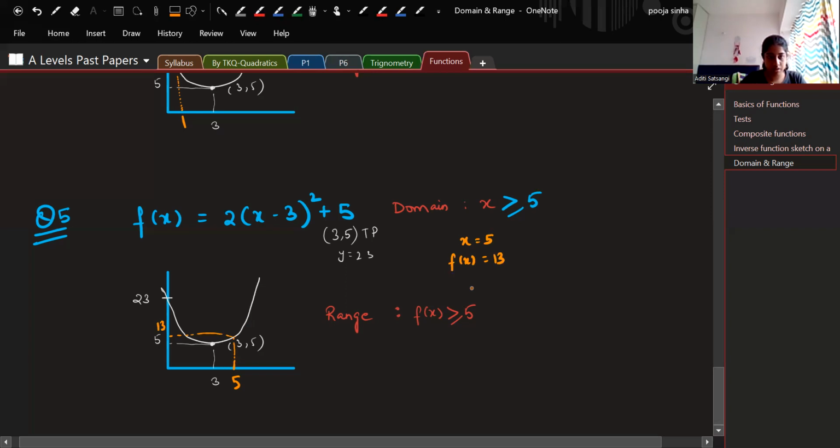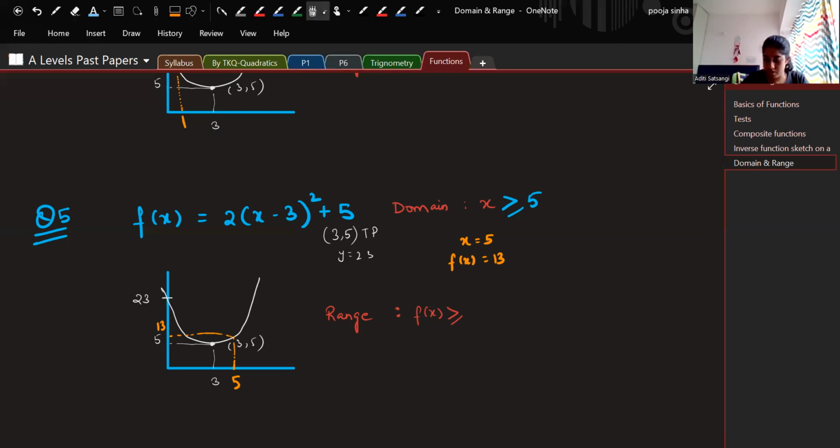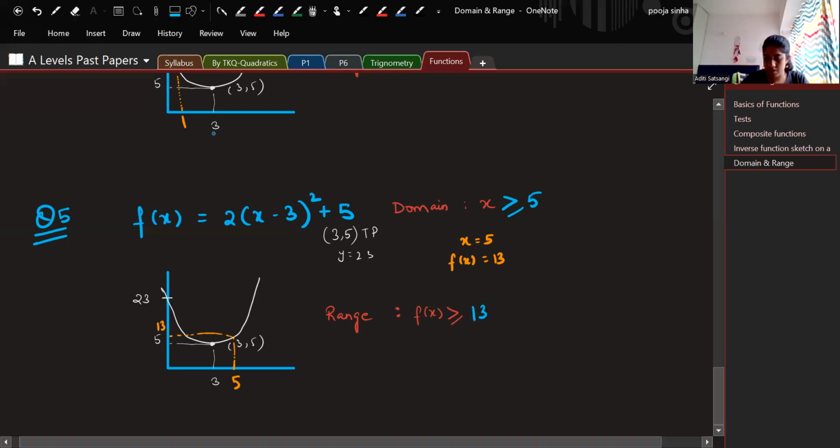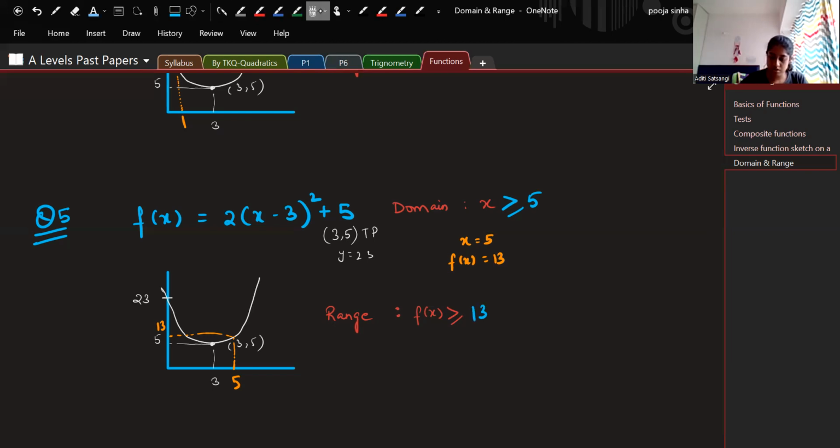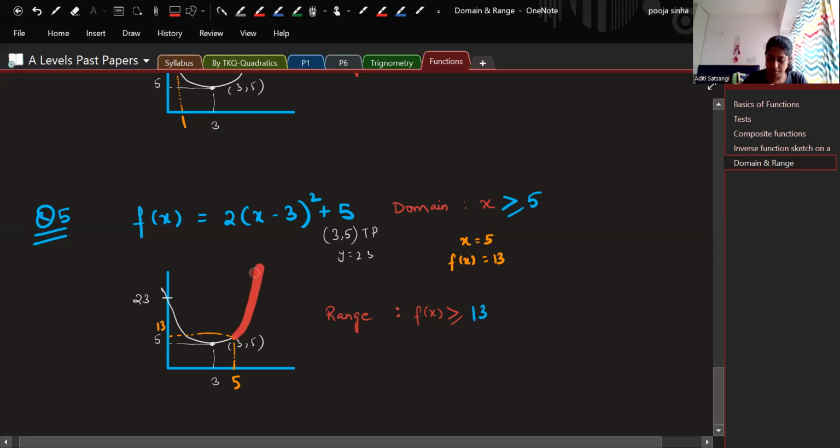So what should be the range? Then fx should be greater than or equal to 13. Absolutely correct answer. Greater than or equal to 13. And I'm going to highlight that portion. It is the portion here. ठीक है ना?